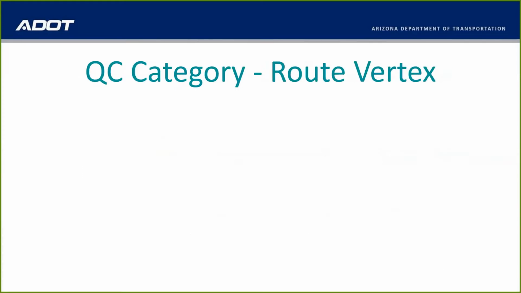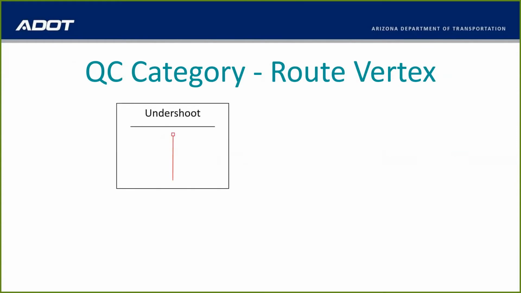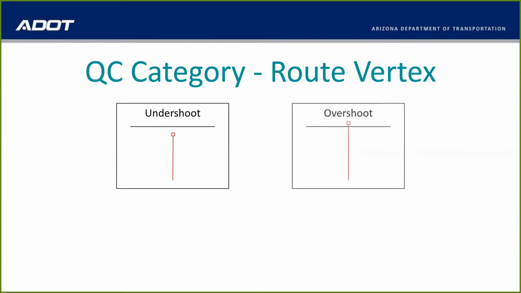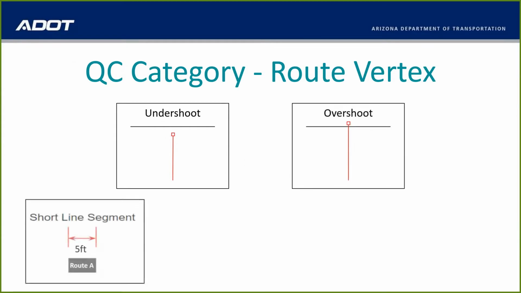And let's look at the variety of vertex inconsistencies, if you will. We all know undershoot, we can identify. We all know overshoot. We know about short segments, and we often run into that. I'm talking about the entire route.